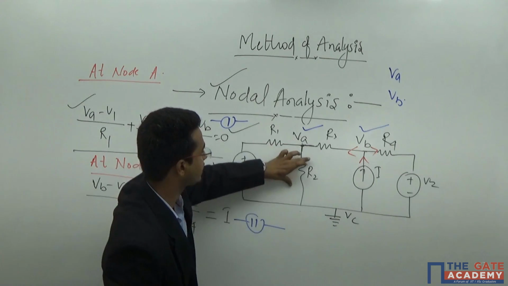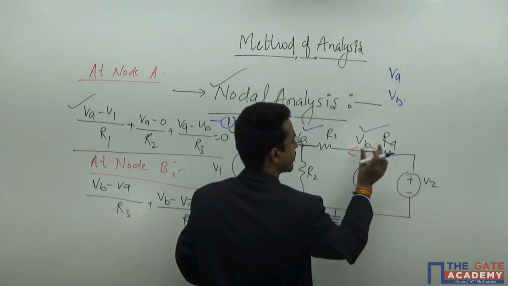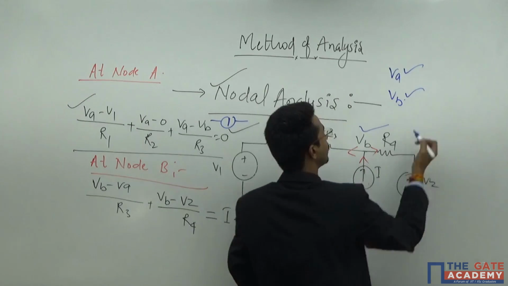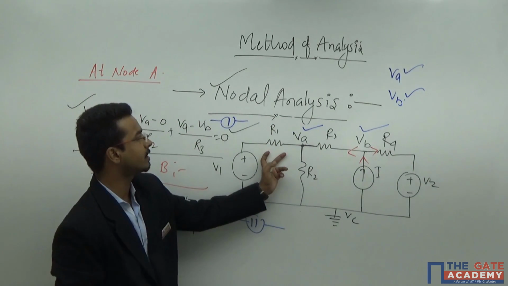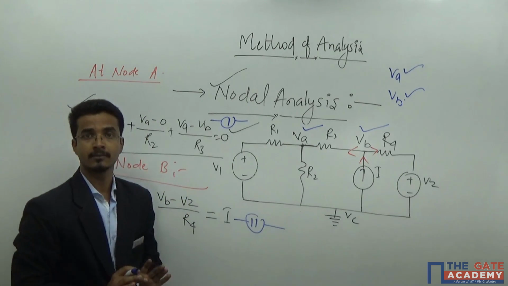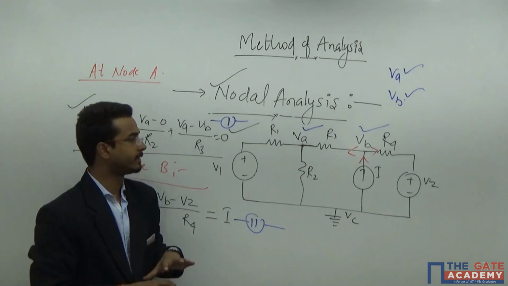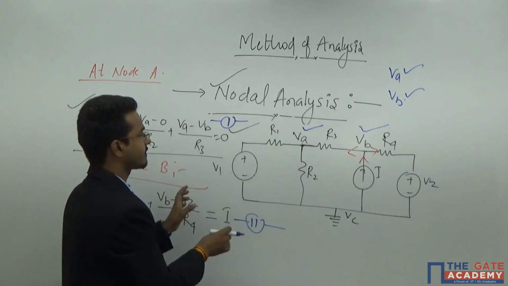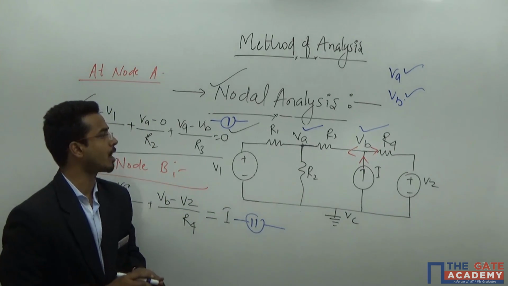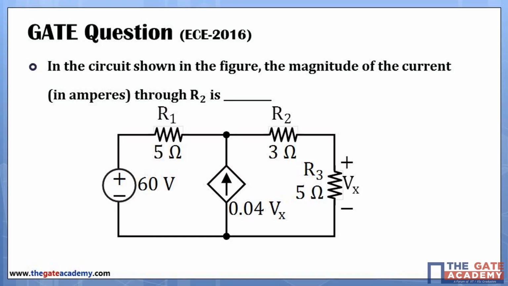If you are able to calculate VA and VB, you can calculate the potential across any component, or the current through any component. This is the beauty of nodal analysis. This is the theory of nodal analysis, how to proceed. Now we will solve some problems on it, by which you will get the confidence to solve the questions.